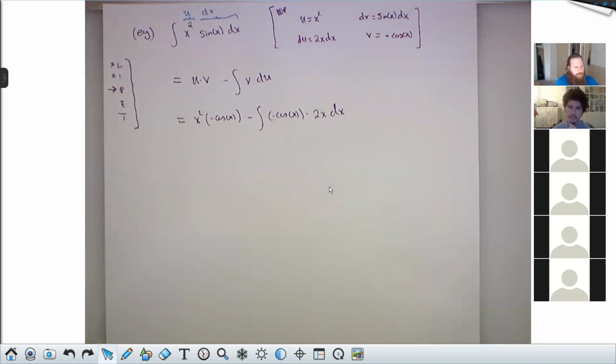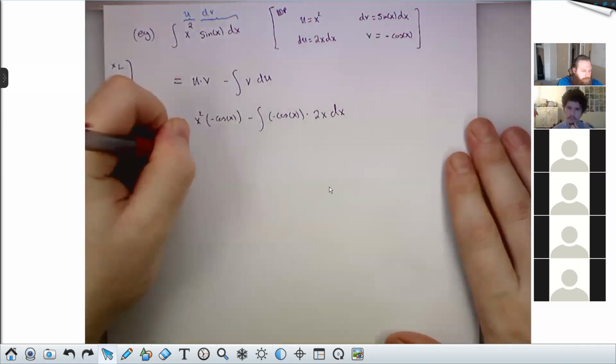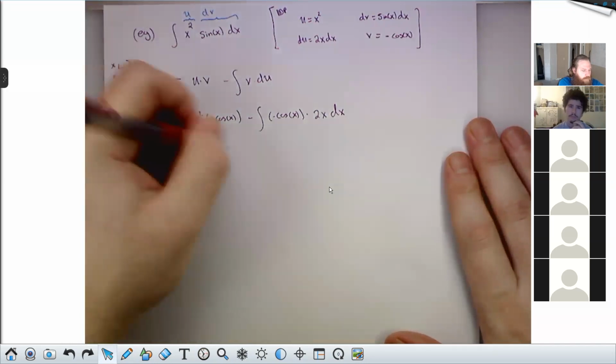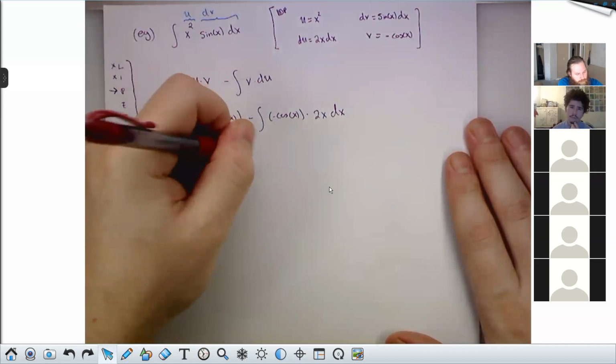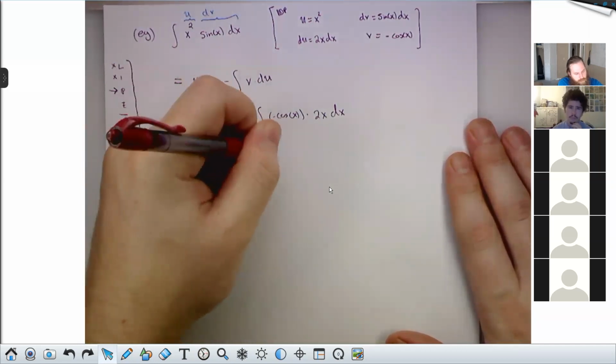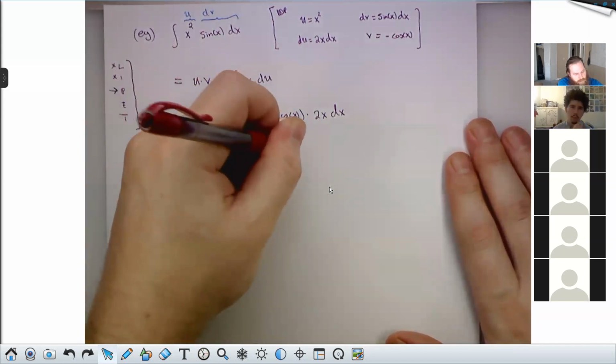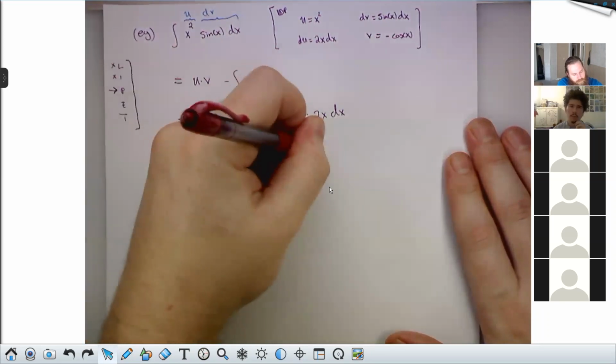And there's some cleaning up that can be done here. This is negative x squared cos x plus 2 integral x cos x dx.